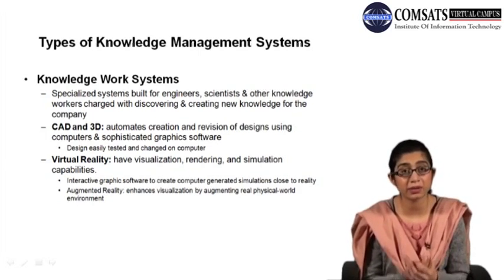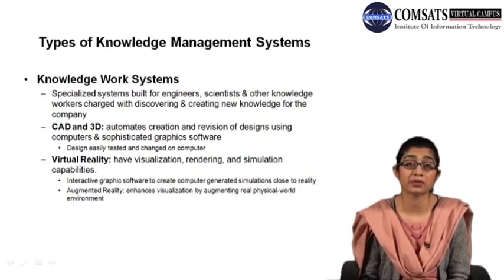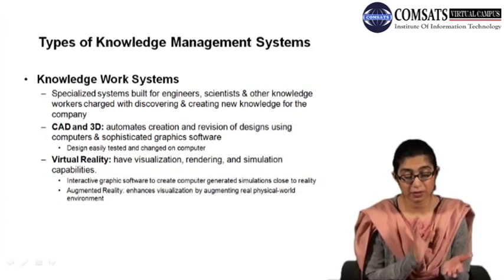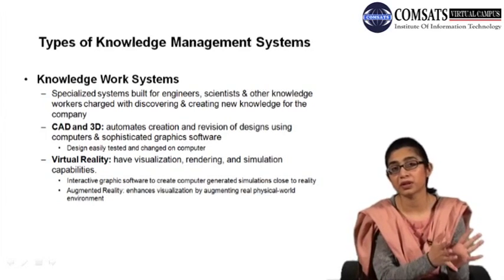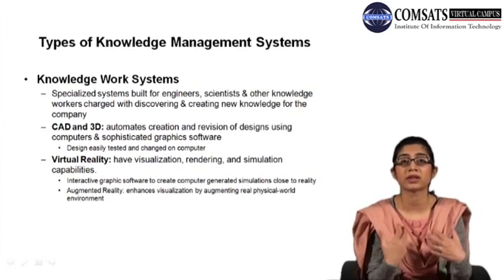Collaboration में blogs and wikis भी हमने पहले discuss किए हुए हैं. Also, the other type of knowledge management systems is specifically related with the knowledge workers or the specialists or the professionals that are responsible for creating knowledge.